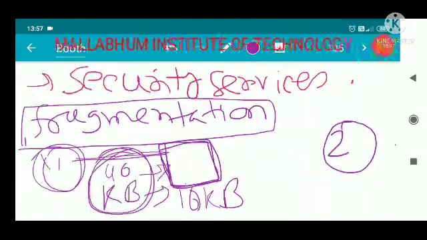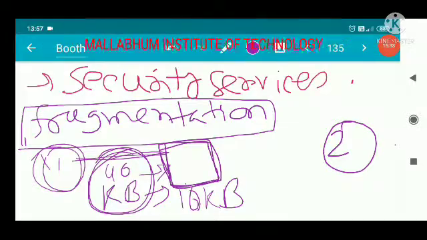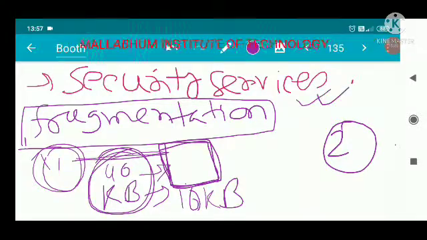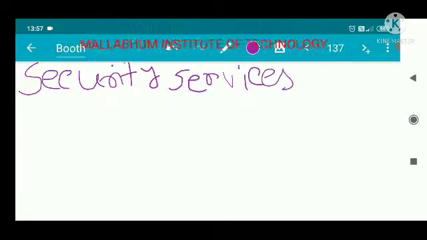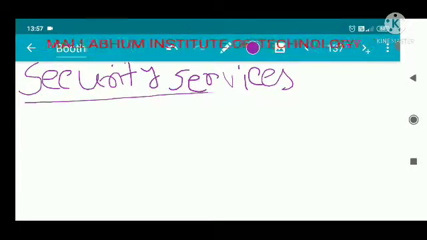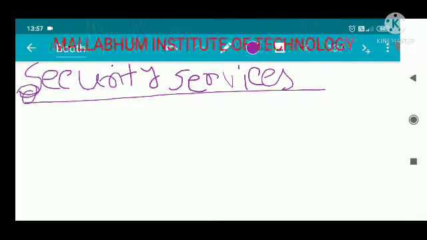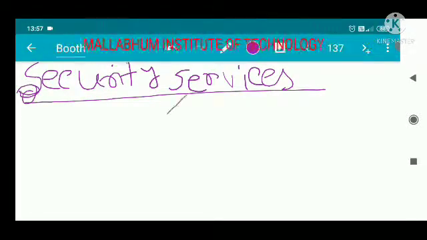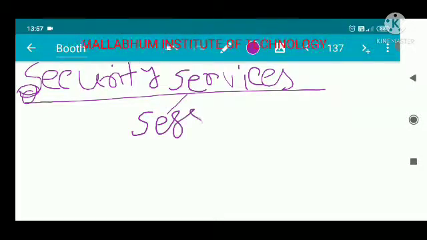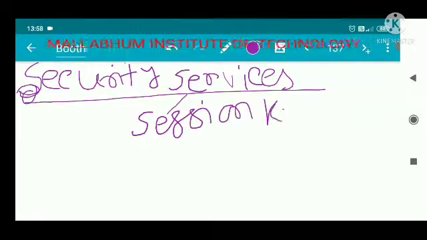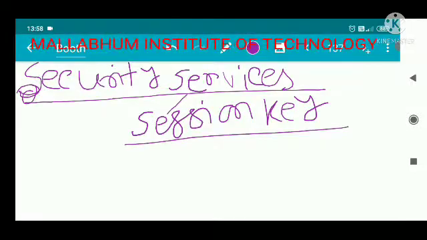Next one is security services. What do you mean by security services? Security services are done with the help of the session key.